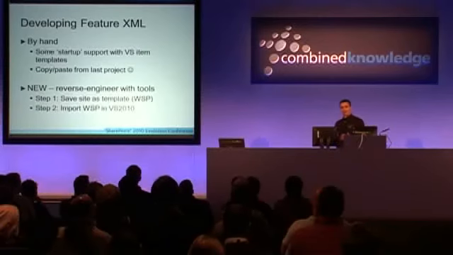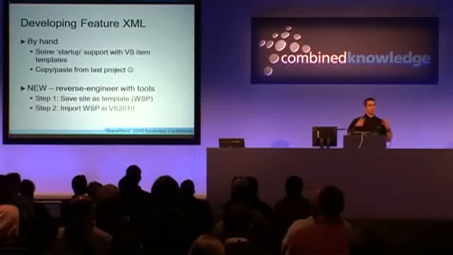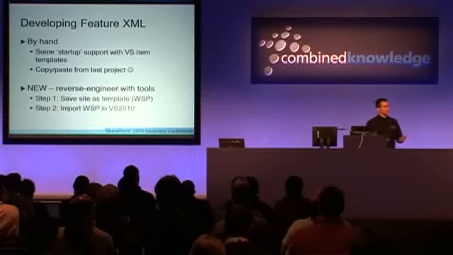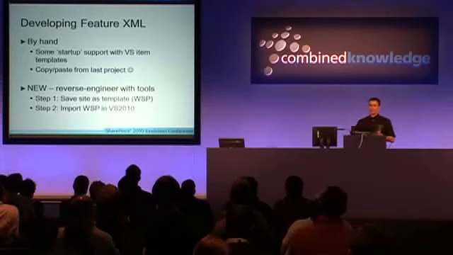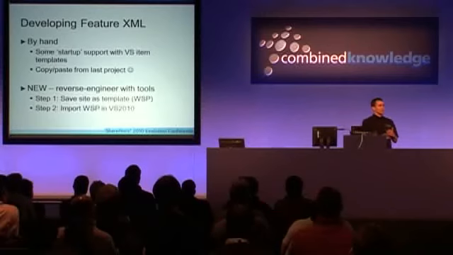So that's good, but in 2010, we've got a new approach that you might find useful, a new way to get some of this complicated XML. What we can do in 2010 is create a site in the browser, and maybe with SharePoint Designer, do some customizations there.